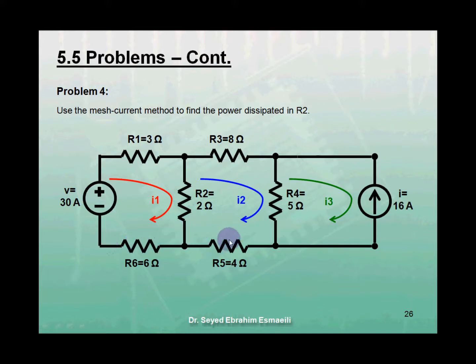And for the second mesh, we have R5 times I2 plus R2 times (I2 minus I1) plus R3 times I2 plus R4 times (I2 minus I3) equals 0.